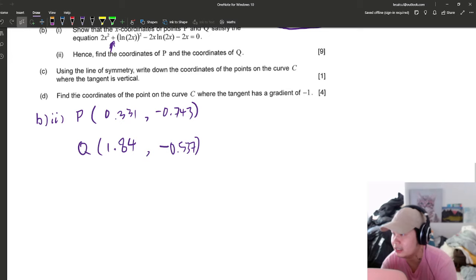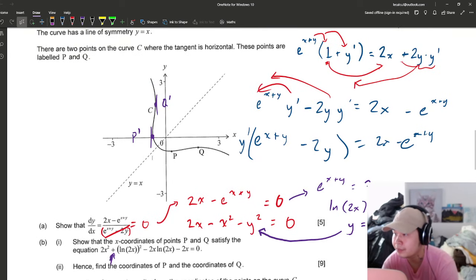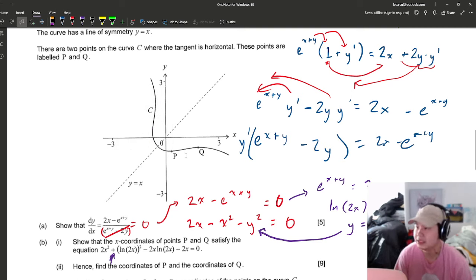Okay, next up, find the coordinates on the curve C where C has a tangent with a gradient of -1. So if you look, a tangent slope of -1 is perpendicular to a slope of 1.